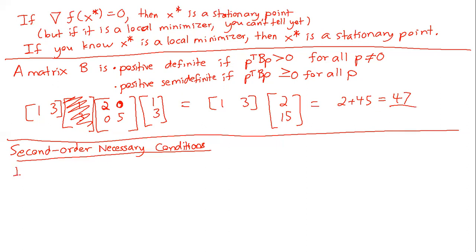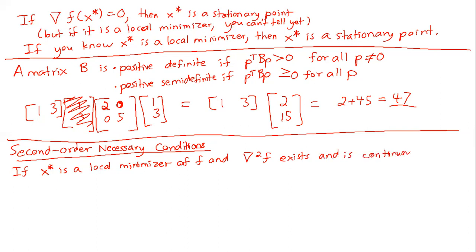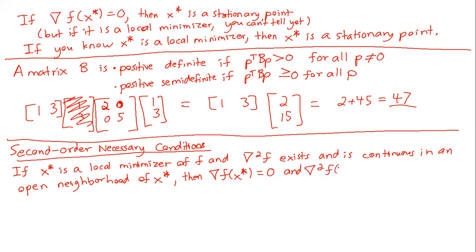This is going to say that if x star is a local minimizer of f, and the Hessian, del squared f, exists and is continuous in an open neighborhood of x star, then del f of x star is equal to 0 and del squared f of x star is positive semi-definite.